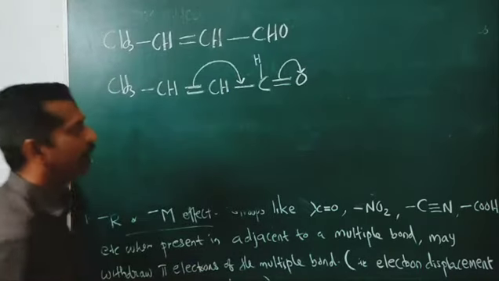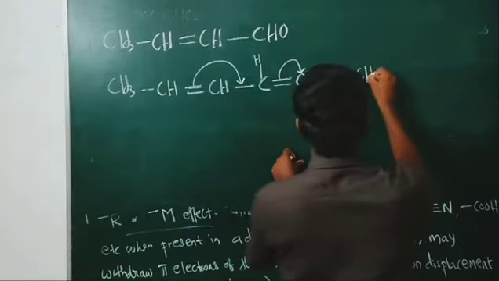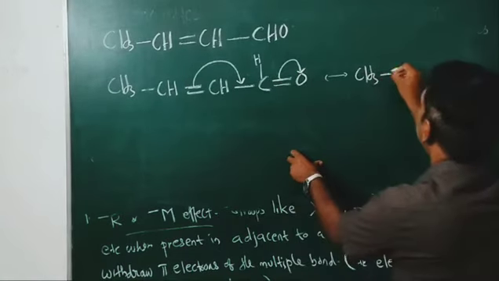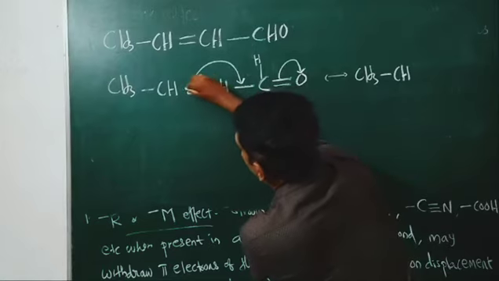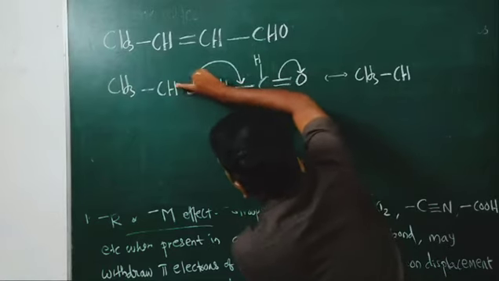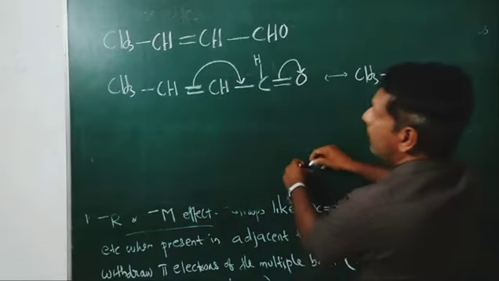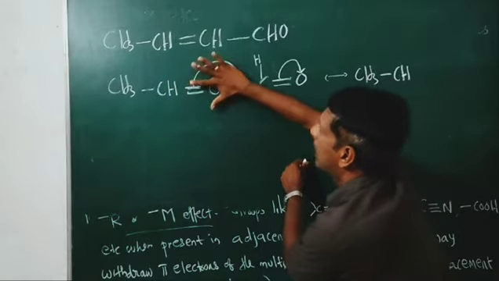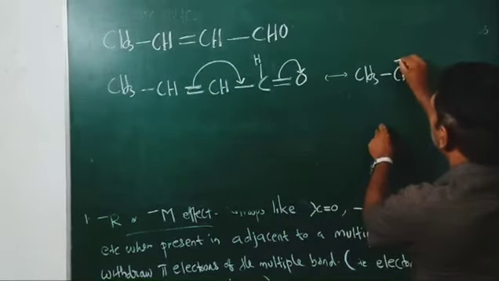So we get a structure like this. CH3, no change. Then CH. Since this bond breaks from this carbon and now the bond is between this carbon and this carbon, this carbon is getting a positive charge.